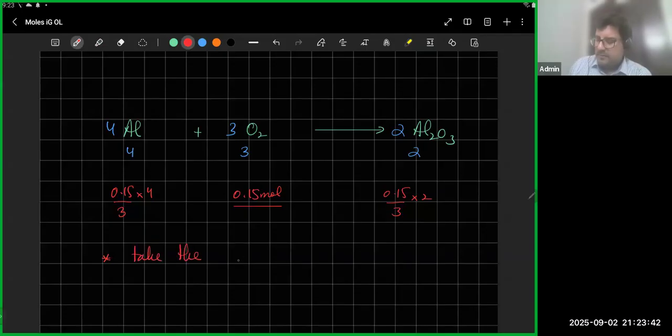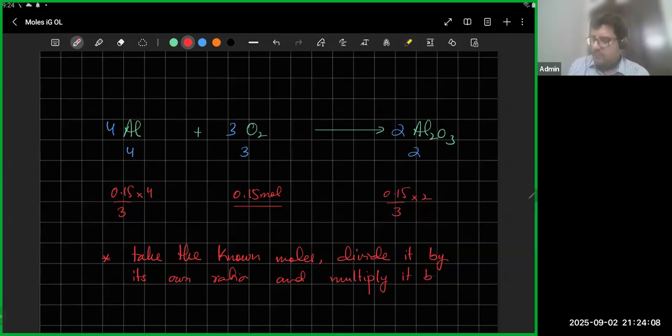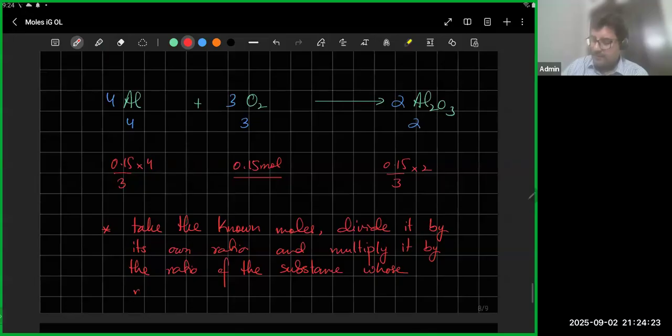Take the known moles, divide it by its own ratio, and multiply it by the ratio of the substance whose moles you're trying to find.